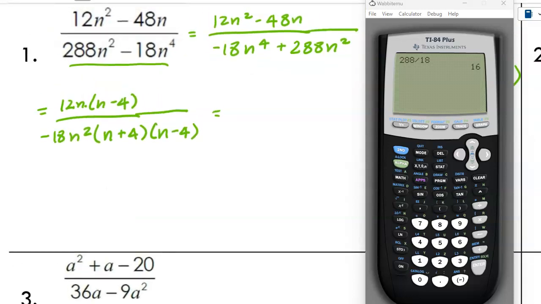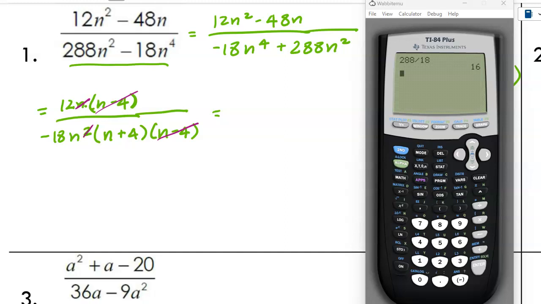So 12 is a factor, n is a factor, n minus 1 with the parentheses around it because that entire binomial is a factor. Okay, so I could simplify the n minus 4 and the n minus 4. Okay, and then I could simplify the n to the 1.